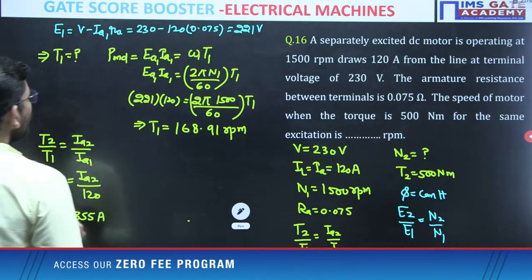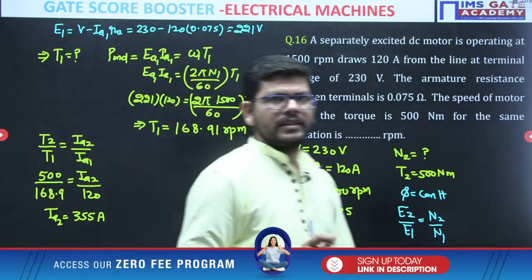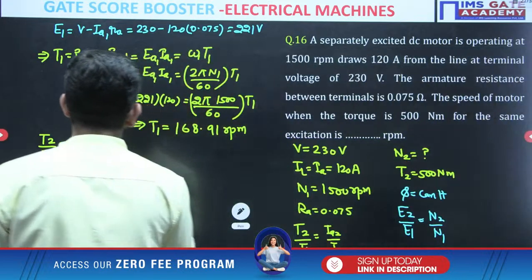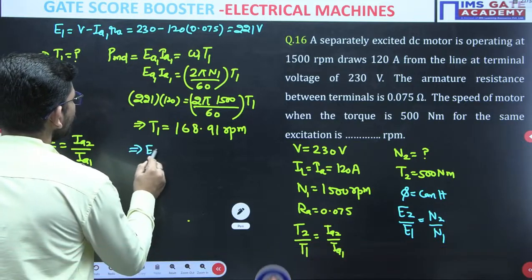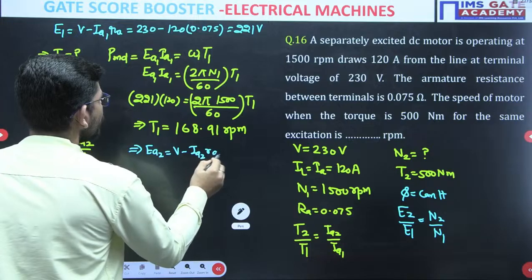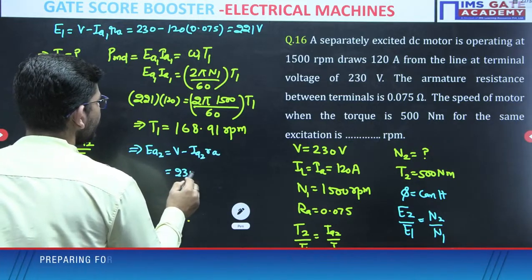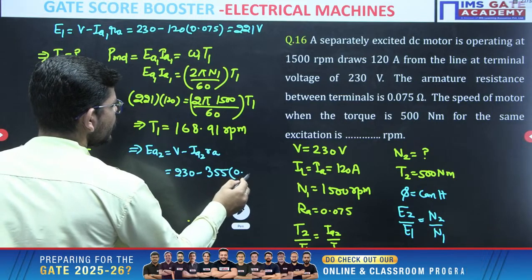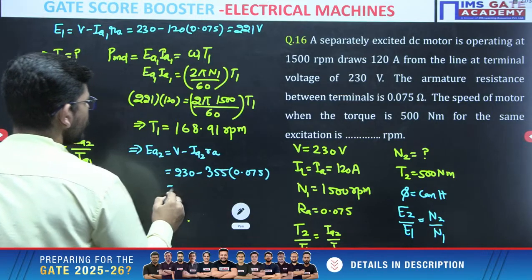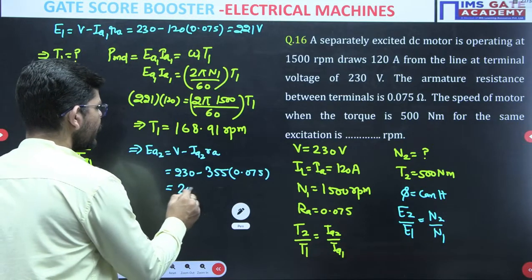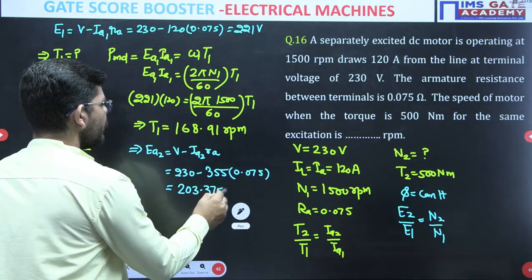Once you have calculated these things, now we can calculate EA2. EA2 is going to be V minus IA2 RA, so 230 minus 355 into RA, which remains the same. So I am getting EA2 as 203.375 volt.